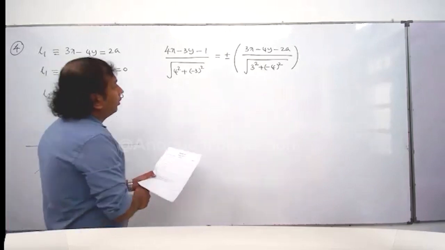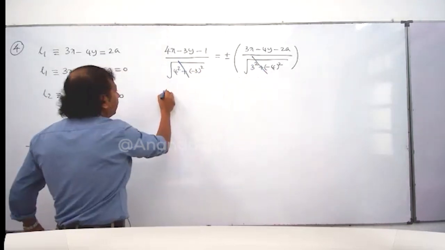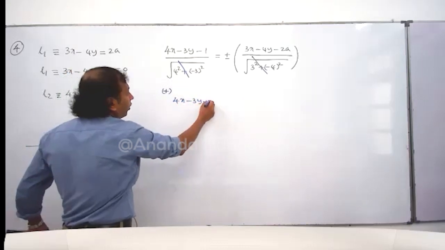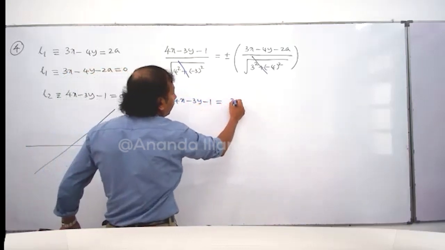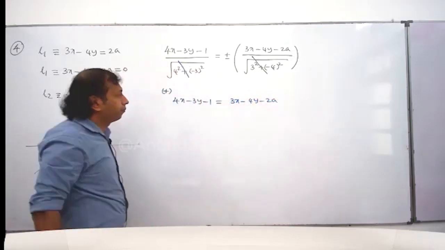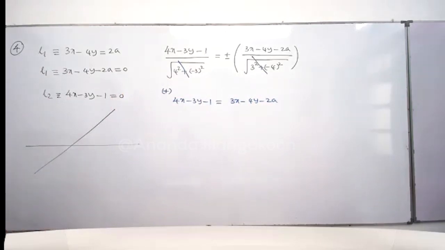Then we can cancel down this sign. In taking plus sign, you can write 4x minus 3y minus 1 equals 3x minus 4y minus 2a. By solving this, we get one bisector. People, here a slight mistake is done.